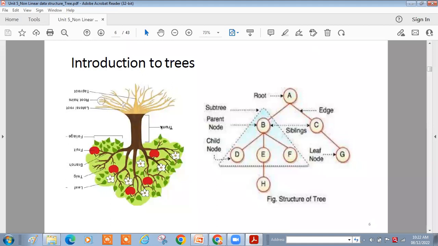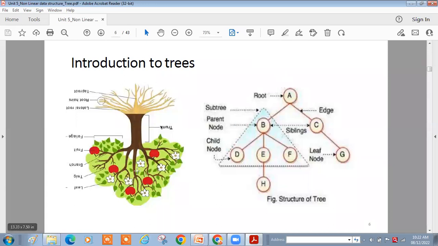It has a root. Similarly, our data structure tree also has a root. You can observe that I have just inverted the tree that we observe everywhere. So here I have reversed the tree. The roots are the first part. Similarly, for the data structure, the root is the first part.